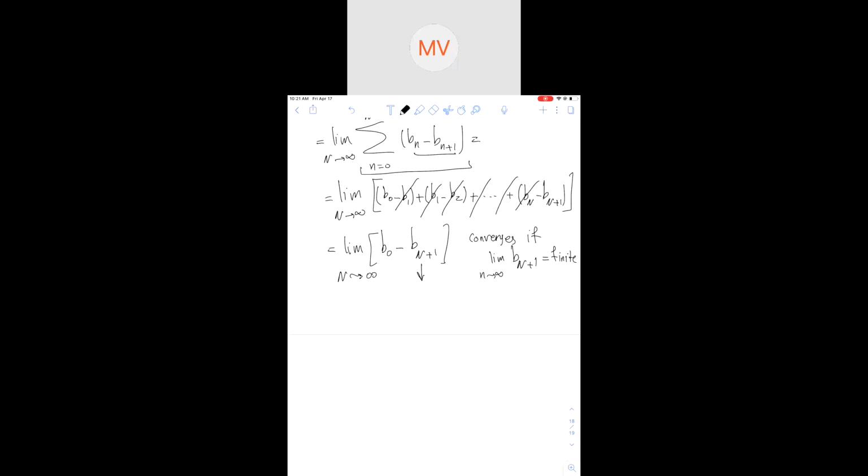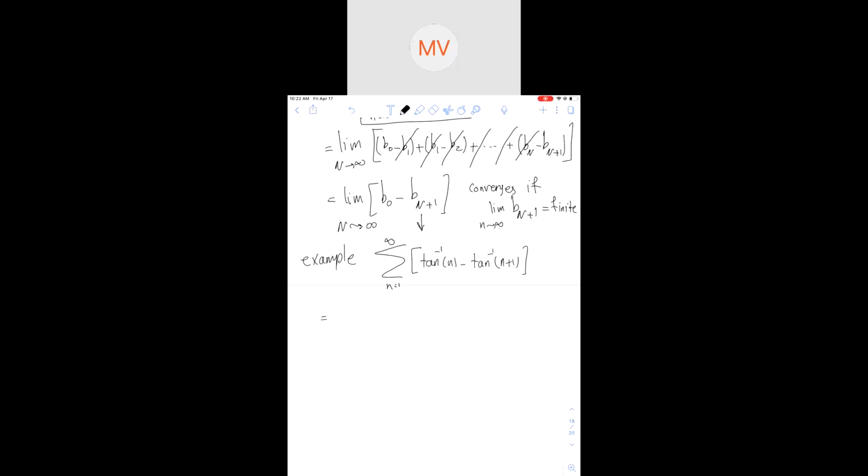Example. I'm not sure if I gave you this. Probably I gave it to you as a quiz question. Let me write it out. The summation of tan inverse of n minus tan inverse of n plus 1, from 1 to infinity.